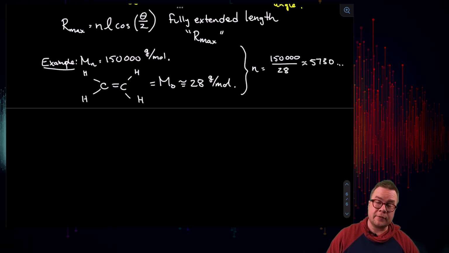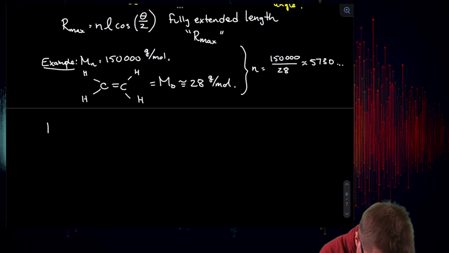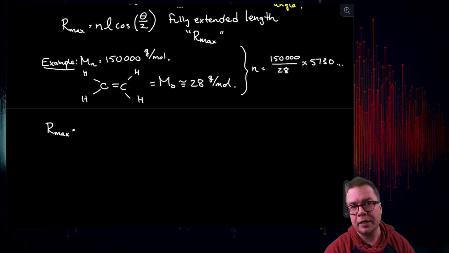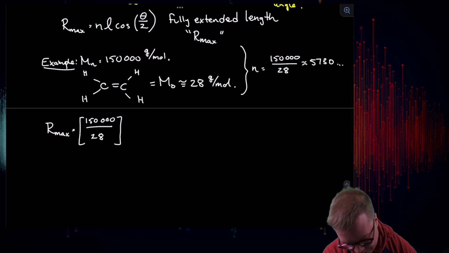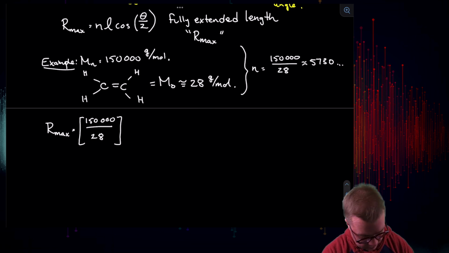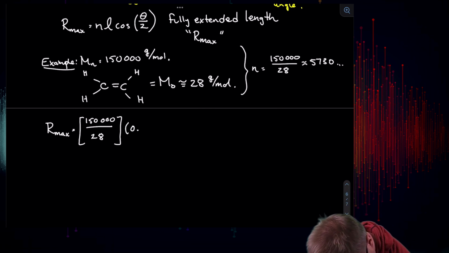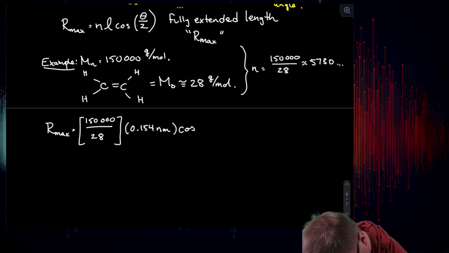Okay, so what is R max for this molecule? What is the size of this molecule if we wanted to calculate it? R max would be that value for N. So let me just put in what we'd have. We have 150,000 divided by 28. That's the number of monomers. L, we've got that. So L will be 0.154 nanometers multiplied by the cosine of 68 degrees divided by 2.